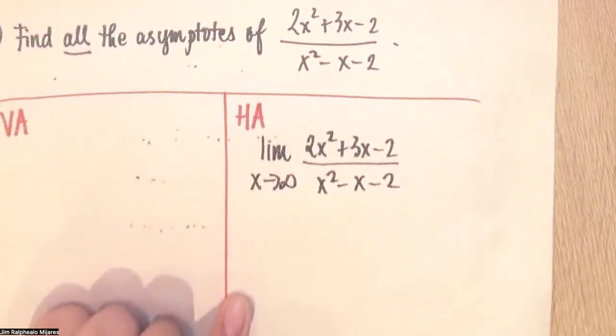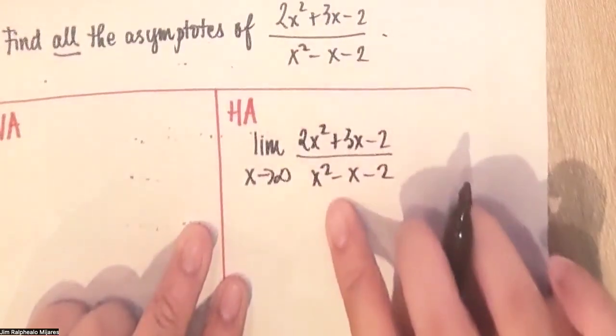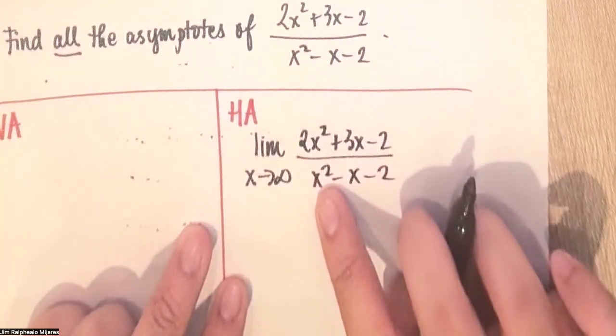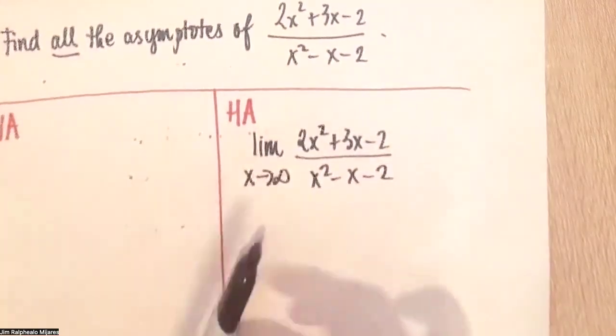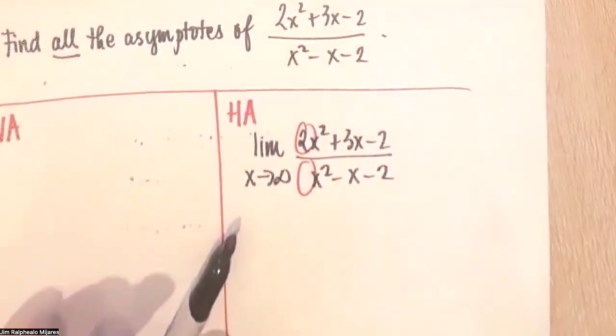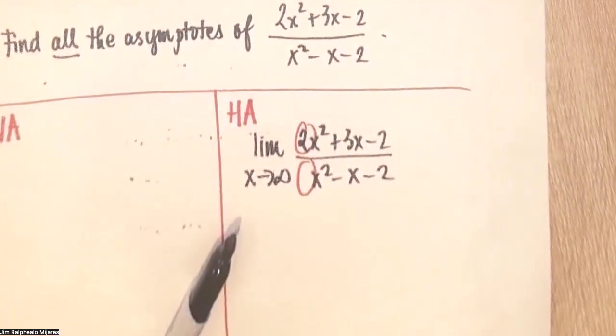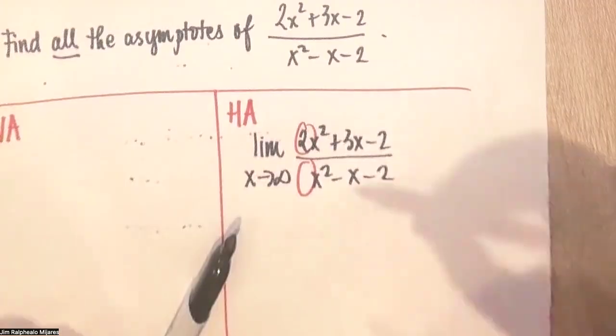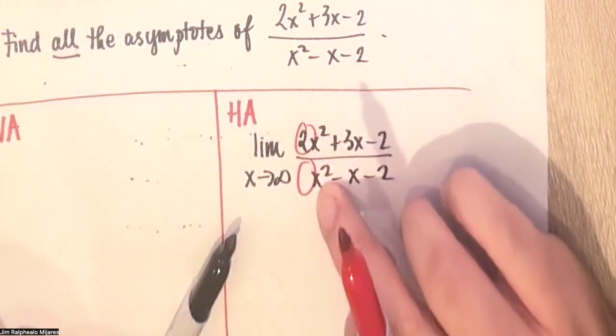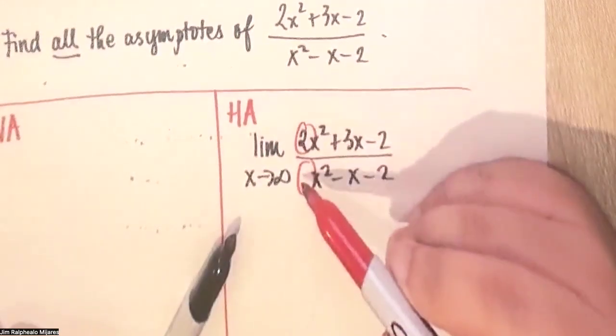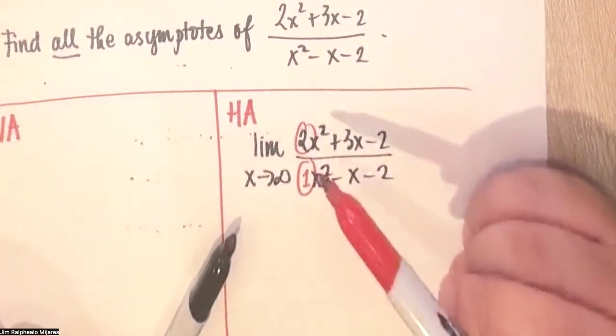Okay. Now, both are the same, squared, squared. So you're just going to look at the coefficient of the highest exponent. In which case, this is 2 and this is 1. There's a 1 there. It's not 0, huh?